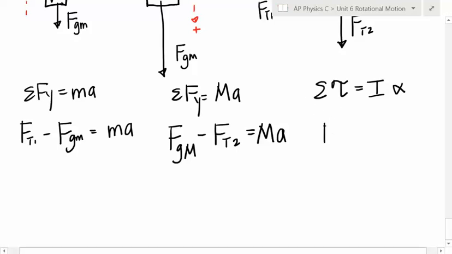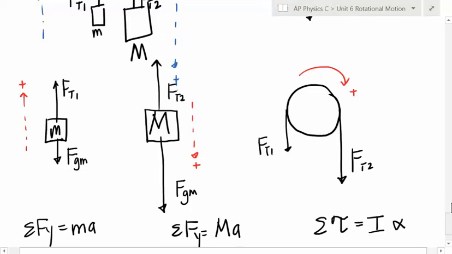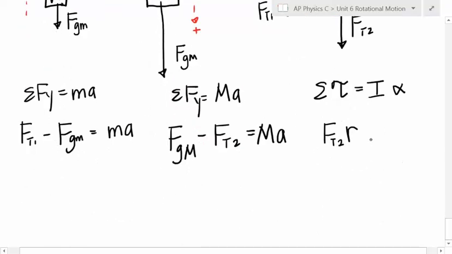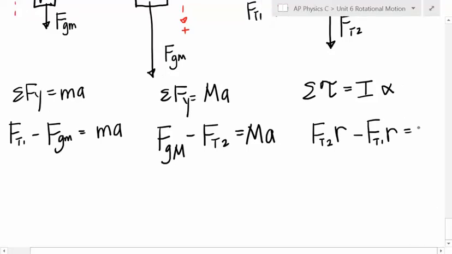So now Ft2 is going to cause a positive torque because that force would cause it to rotate clockwise. But what does Ft1 do? It really applies a negative torque. So Ft1, also located at a distance r, the radius of the pulley, would equal I alpha.